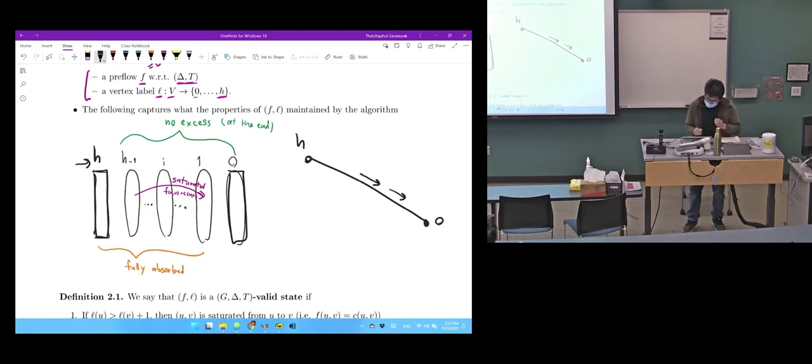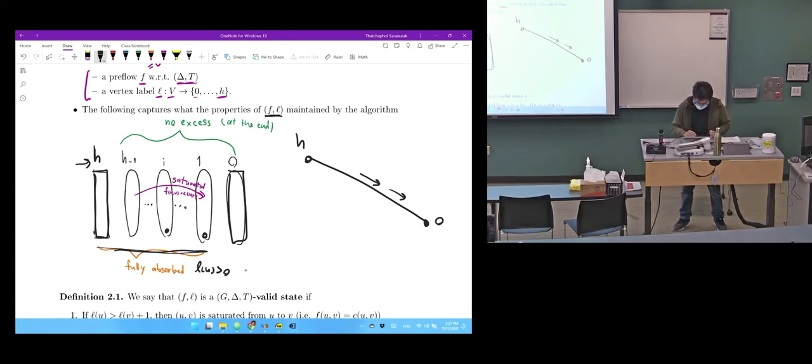Now, the following will capture the property of F and L, the thing that we keep maintaining throughout the algorithm. That is, first, every node here, with level more than 0, will be fully absorbed.